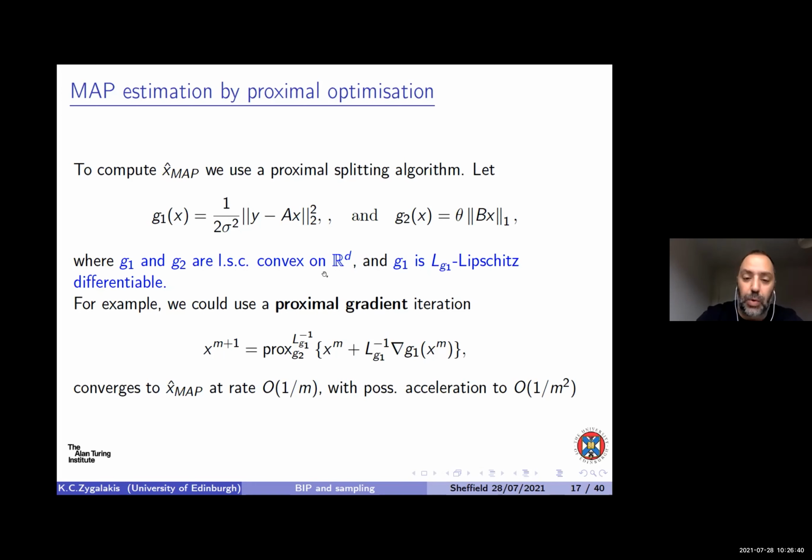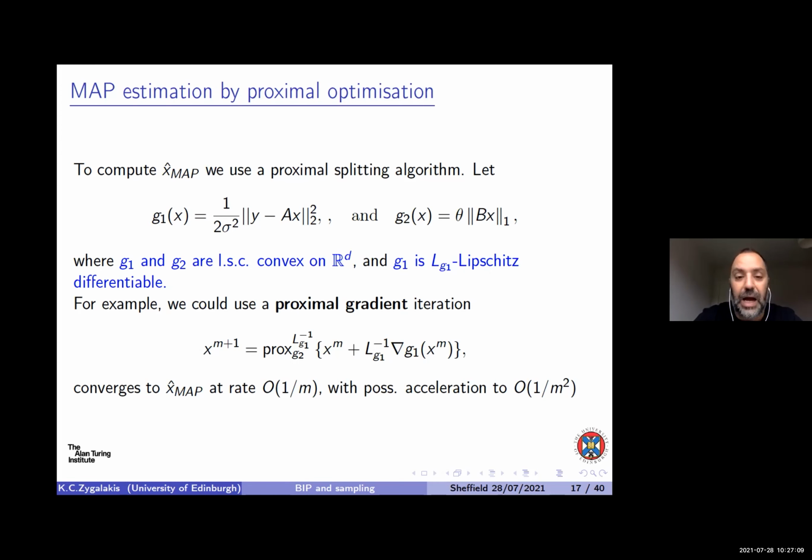I won't go too much into detail about how this comes about, but it's just a splitting algorithm, if you're familiar with splitting algorithms, using G2 of lambda instead of G2 in the gradient flow. What you can show is that this algorithm has favorable properties in terms of convergence to the MAP estimator.